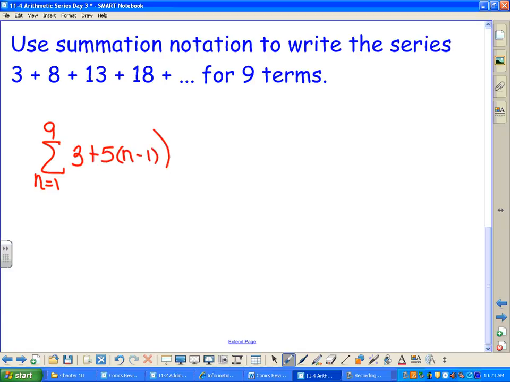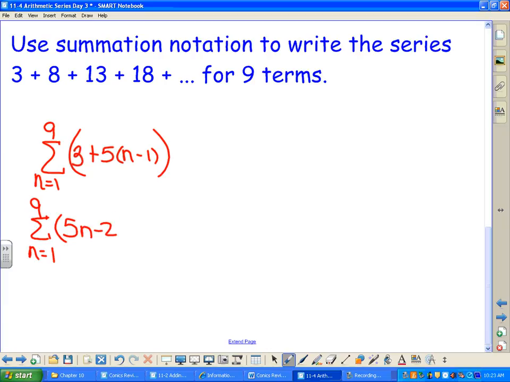Okay. I need parentheses around that whole thing, because I'm doing the sum of that whole thing. All right? Yes? So could we write it as the distributed form? Yes. And in fact, I want it as the distributed form right now because I'm going to point something out to you. Did anybody distribute it? Did you do that? What'd you get?